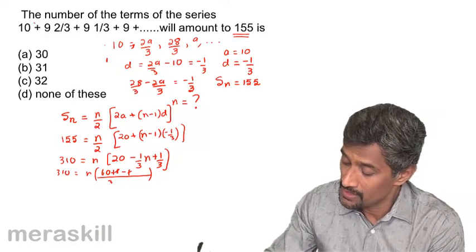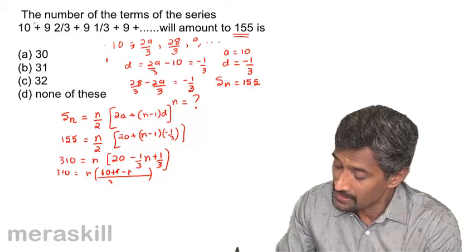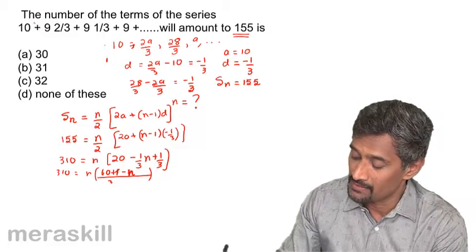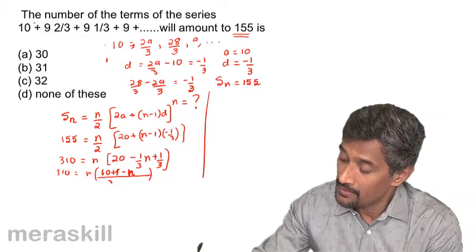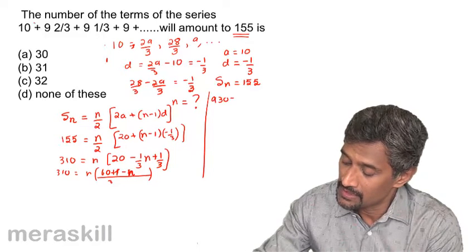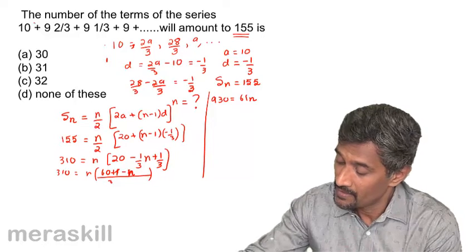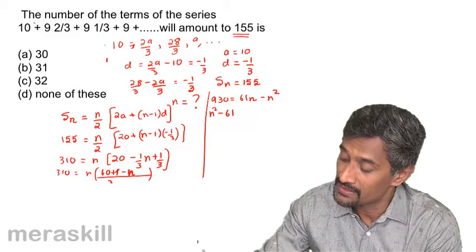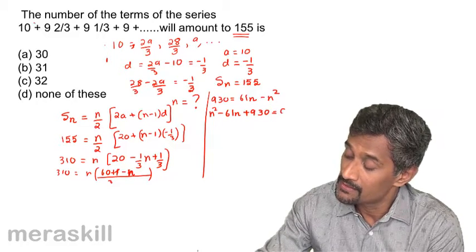Sorry, not plus 1. So it's going to be 60 plus 1 minus n. You can now cross multiply. You get 930 is equal to 61n minus n square, or n square minus 61n plus 930 is 0.